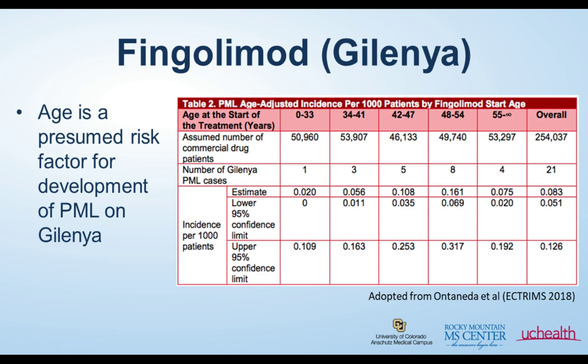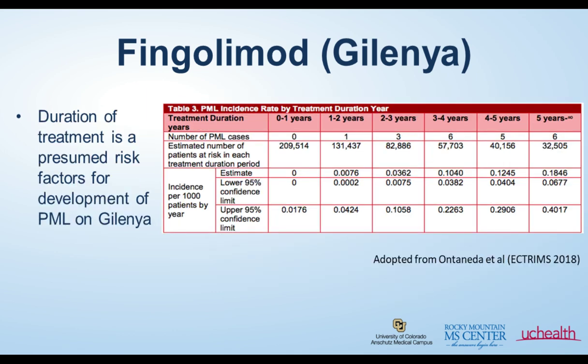So we think that's one of the risk factors we should take into consideration. Another risk factor is how long you have been on the treatment. Again, if you look at this chart, you'll see those that have been on the treatment for a longer period of time were more likely to develop PML.